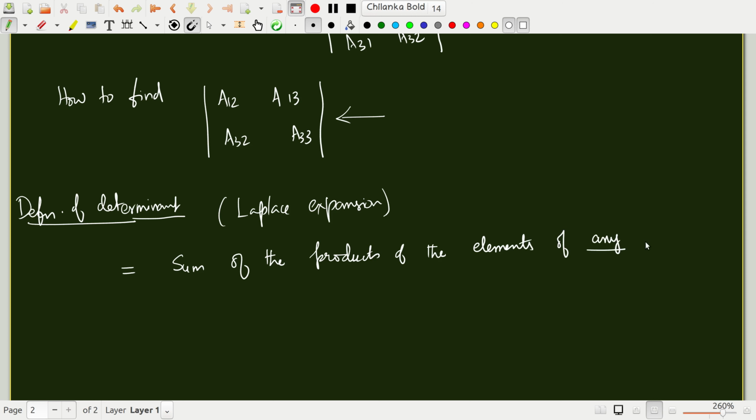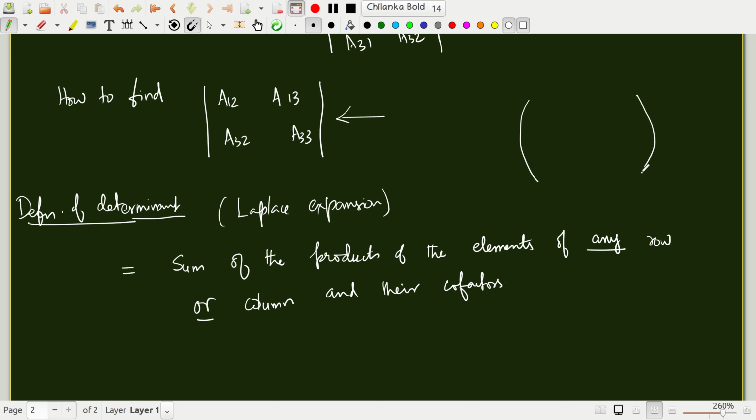You pick one row, any row, or column. You take the elements of that row.